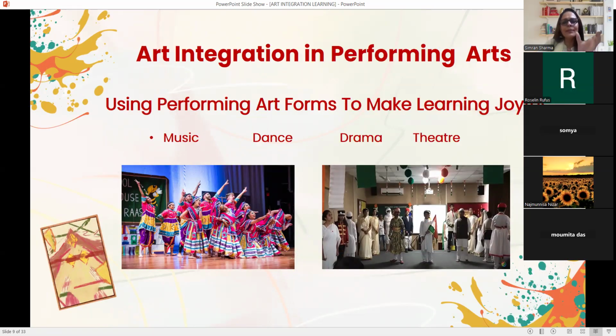Now moving on to performing arts. Performing arts help us in learning more joyfully. If you look at the first picture, what do you see? Students are dancing. Which dance are they performing? We all know that they are performing Garba, which is a folk dance of Gujarat, right? How do you know that? Look at their costume, look at their gestures.